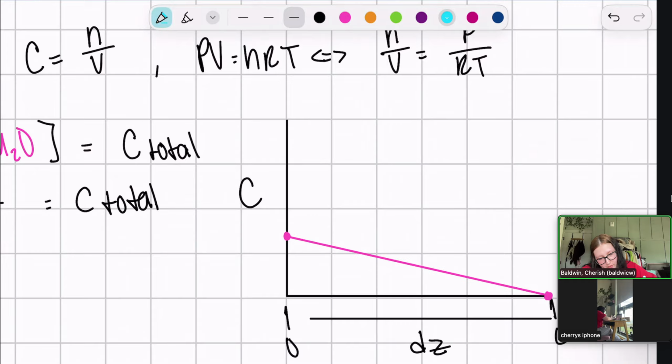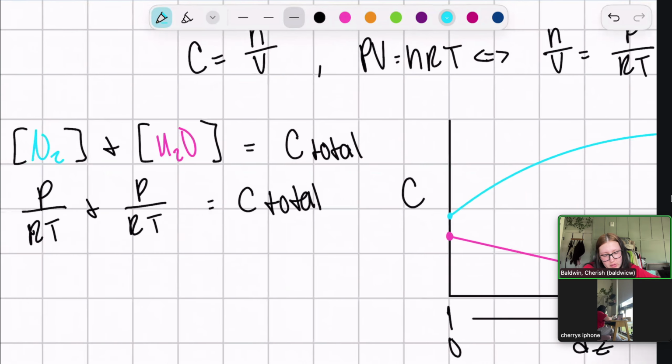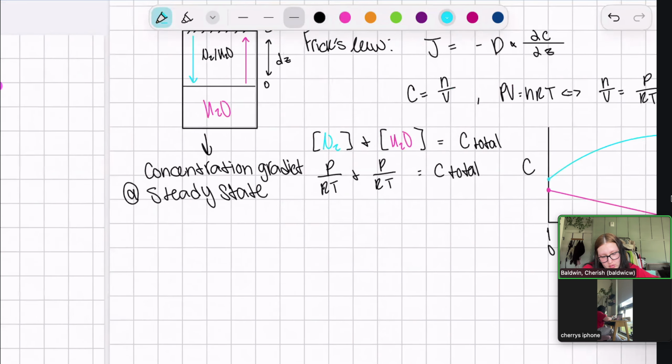We have the highest concentration at L, but it's more of a curve.